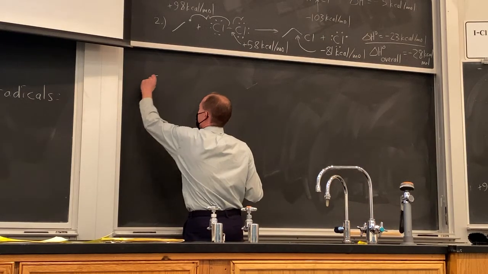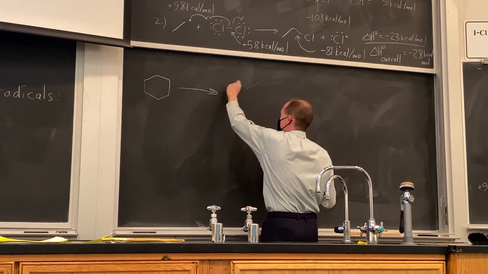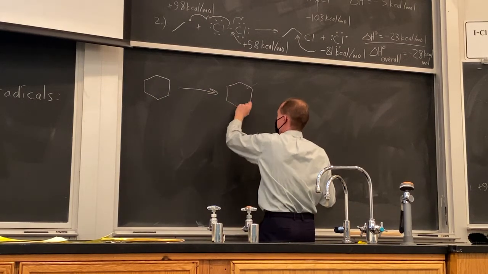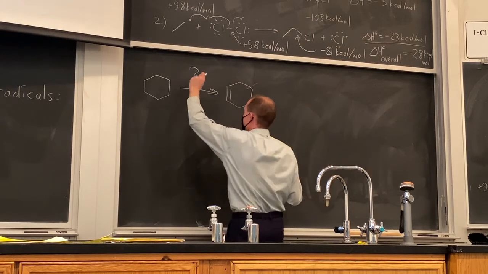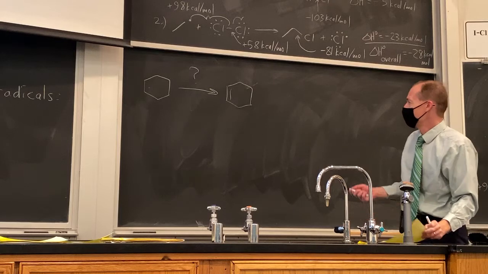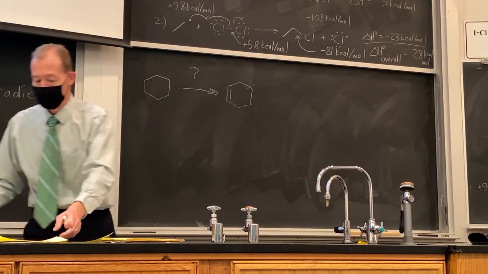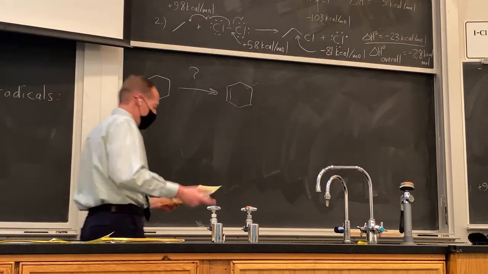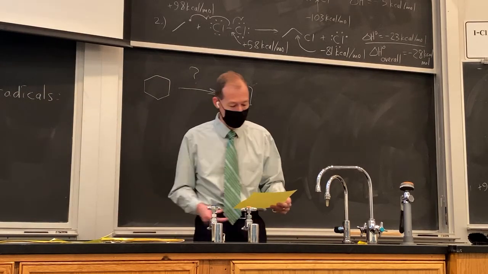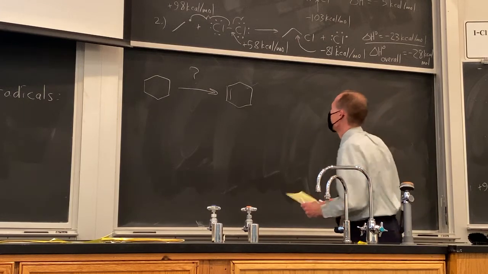So let's say you had cyclohexane, and you needed to convert cyclohexane into cyclohexene. How would you do that? We don't have a method of just plucking two hydrogens out of cyclohexane and generating that alkene. We don't know how to do that. So we would have to do a multi-step synthesis.